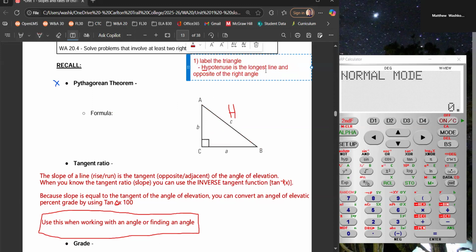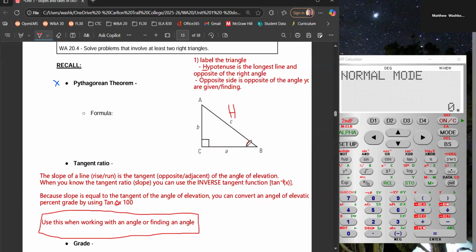Next, the opposite side is opposite of the angle you are given or finding. Now, in this case, it depends.